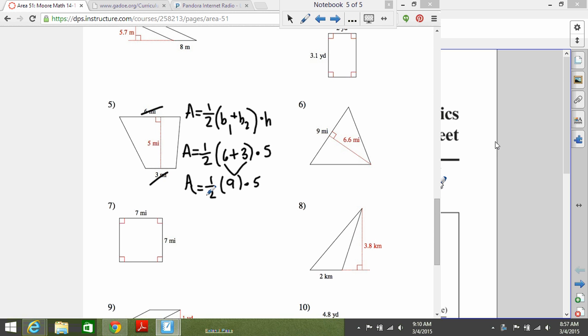Good. Which gives you what? 4.5. And then we multiply that by 5. What do you get? That's right, 22.5 miles squared.